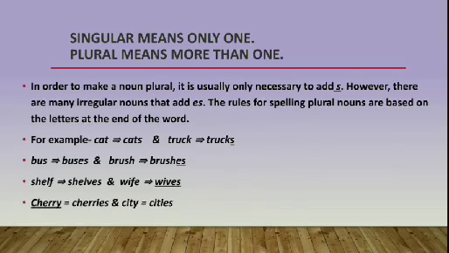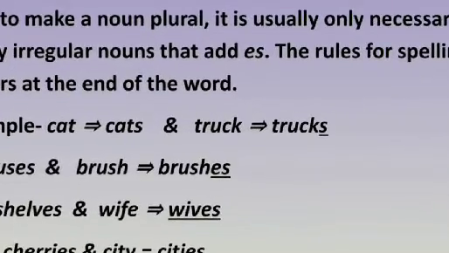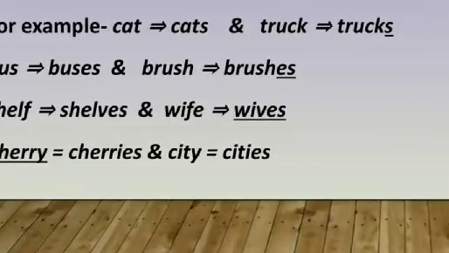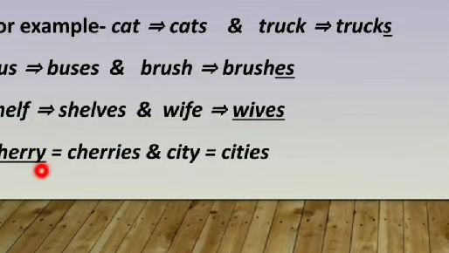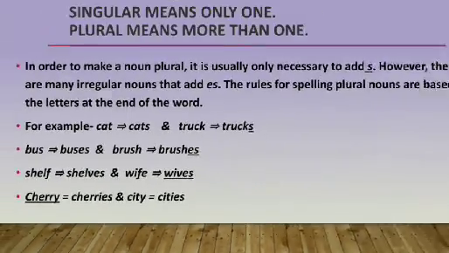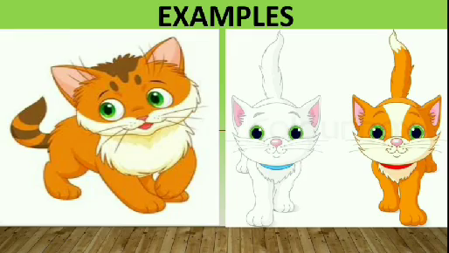Another one, cherry and city. Here the last letter is Y. We remove the last letter Y, and in that place we add IES. Let's see this with the help of some other examples.